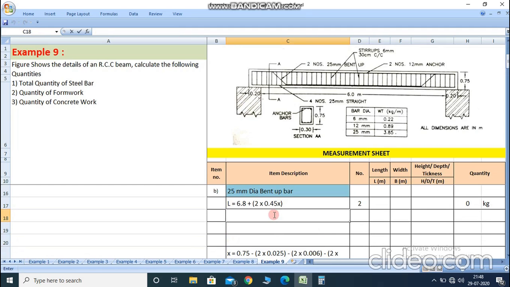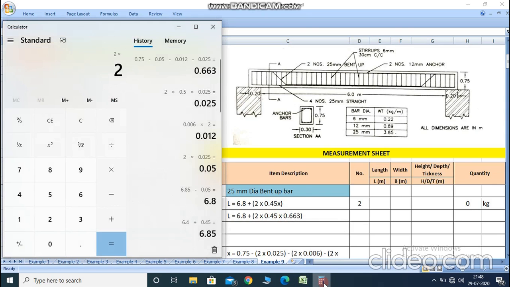So for the bent up, an extra 0.663 meter is required, so we add it in this length value. L is equal to 6.8 plus, in the bracket, 2 times 0.45 times the x value we got, 0.663. Clear? Now we calculate 2 multiplied by 0.45 multiplied by 0.663, so the answer is 0.5967.